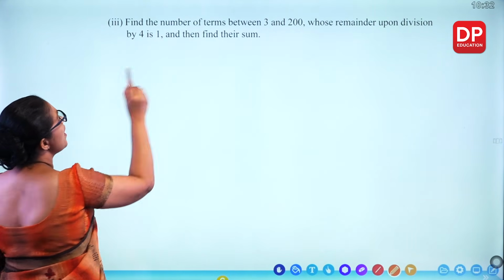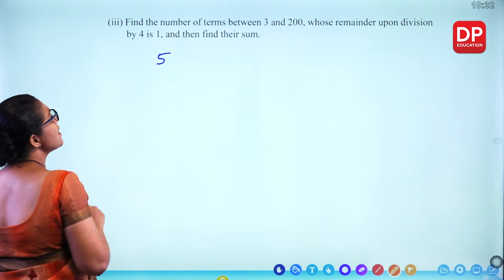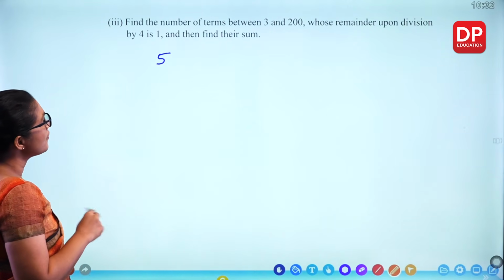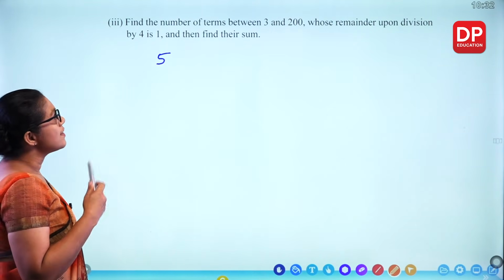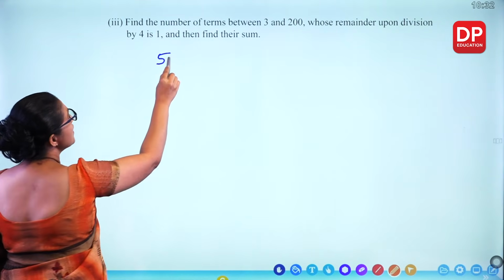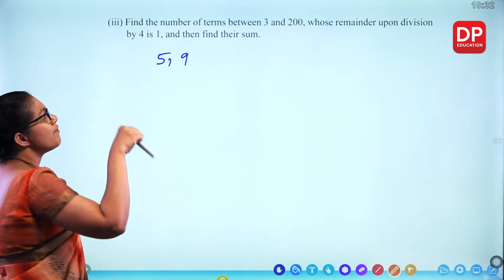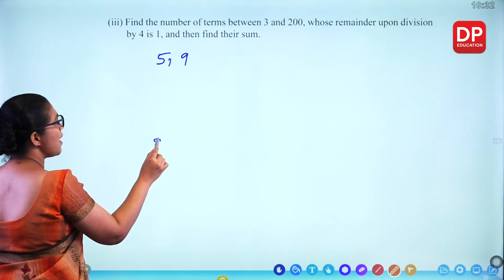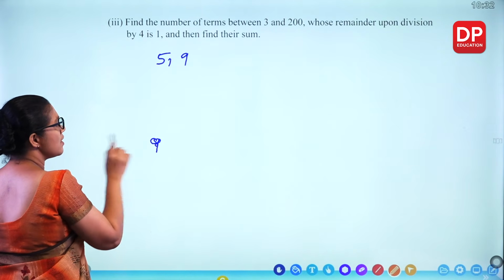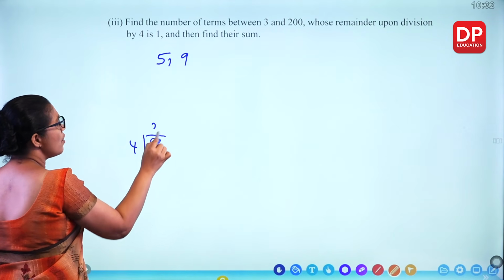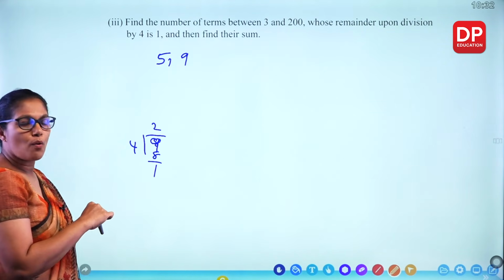So remainder 1 means the first number is 5. What's the next one? The second number is 9, because 8 is divisible by 4, but when you divide 9 by 4, the remainder is 1.